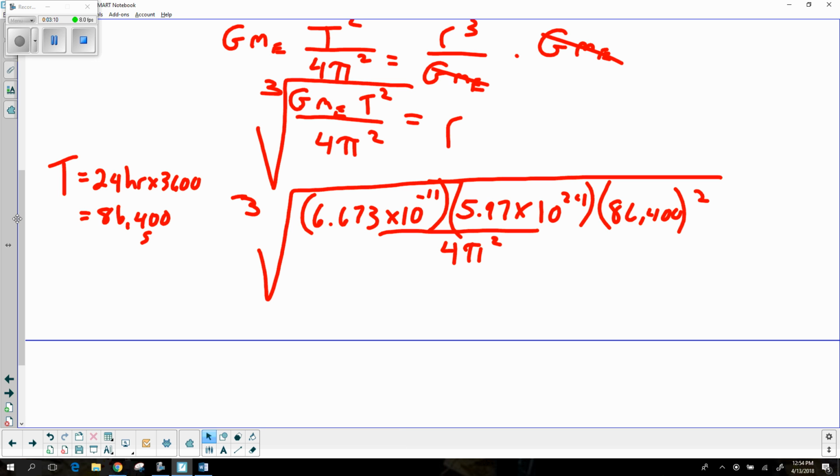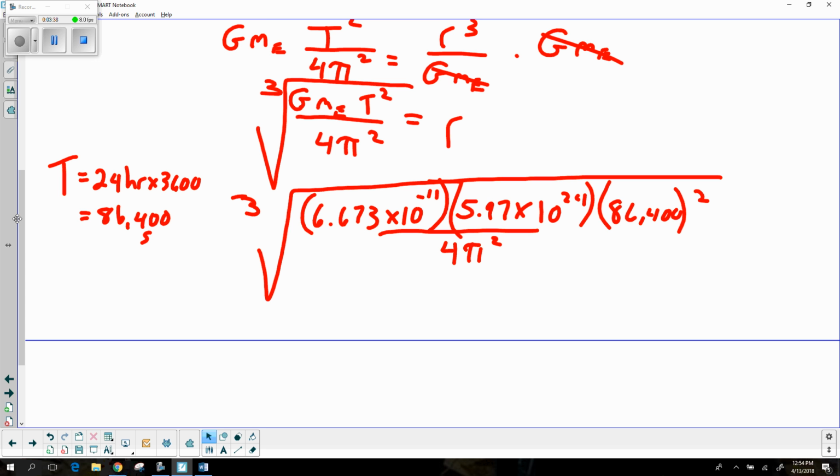So I'm going to talk you through how I enter this into the calculator. I don't want to switch the screens because it'll ruin my recording. So what I do is what's under the radical first, and then I'm going to multiply the denominator, and I'm going to literally type it into the calculator exactly how I wrote it. So I did parenthesis, 6.673 times 10 to the negative 11th. Don't forget the parentheses.